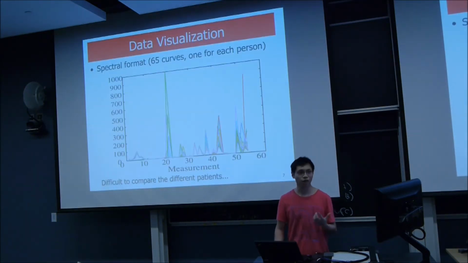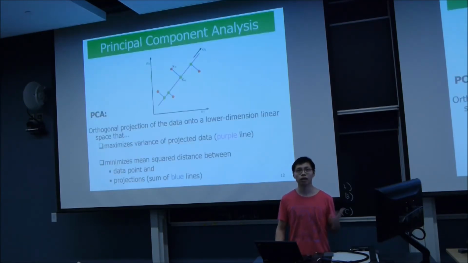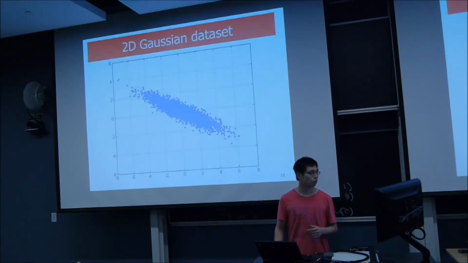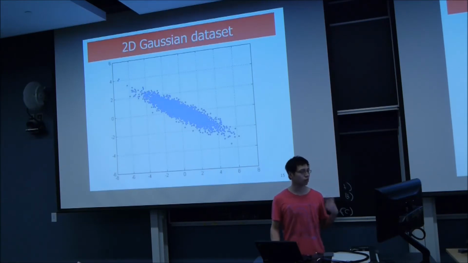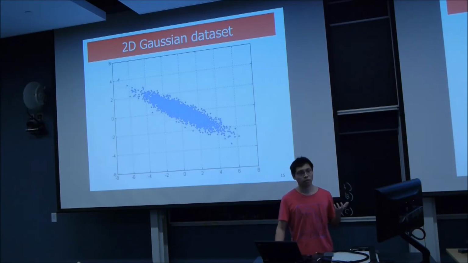Generally, PCA takes very high dimensional data and reduces it to a low dimensional space. That is what PCA does. Here is a Gaussian example. The basic assumption of PCA is that the data usually lies on a very low dimensional manifold.